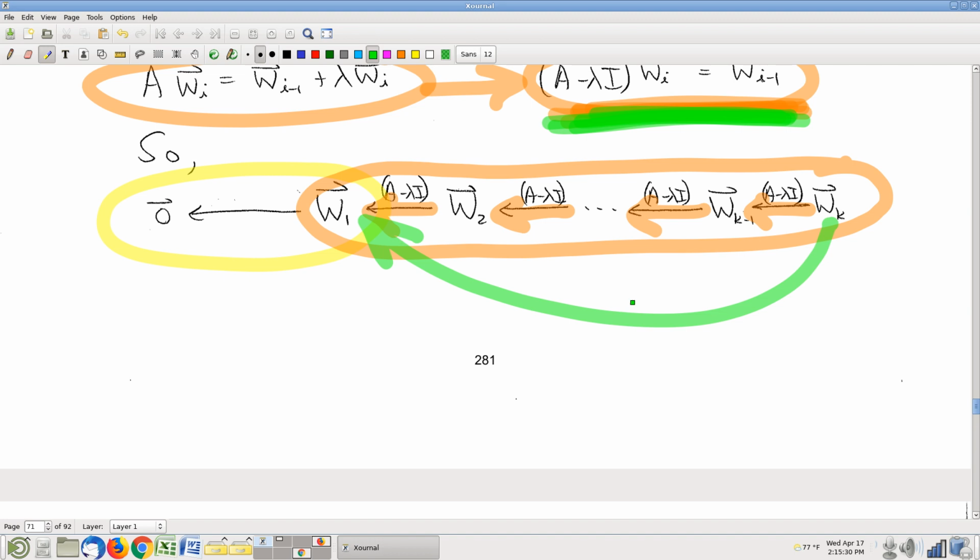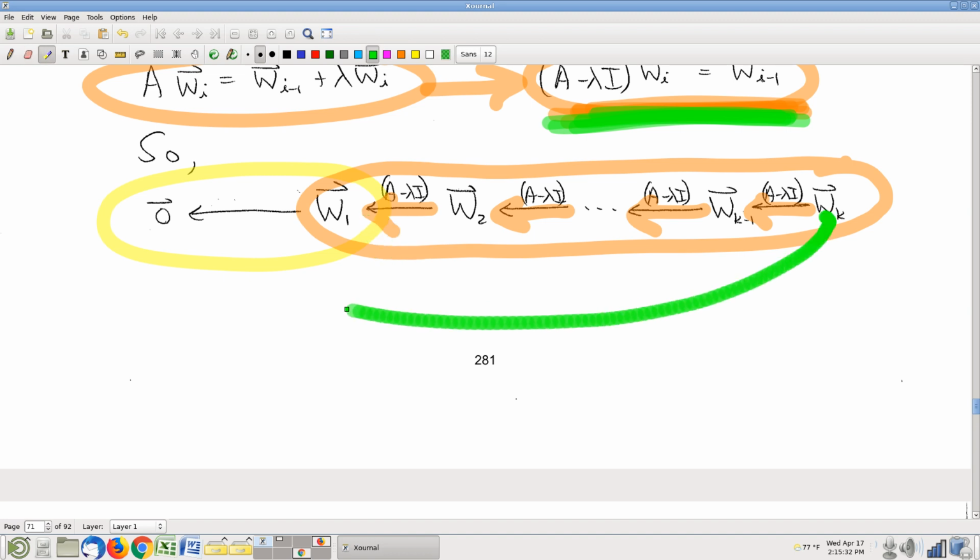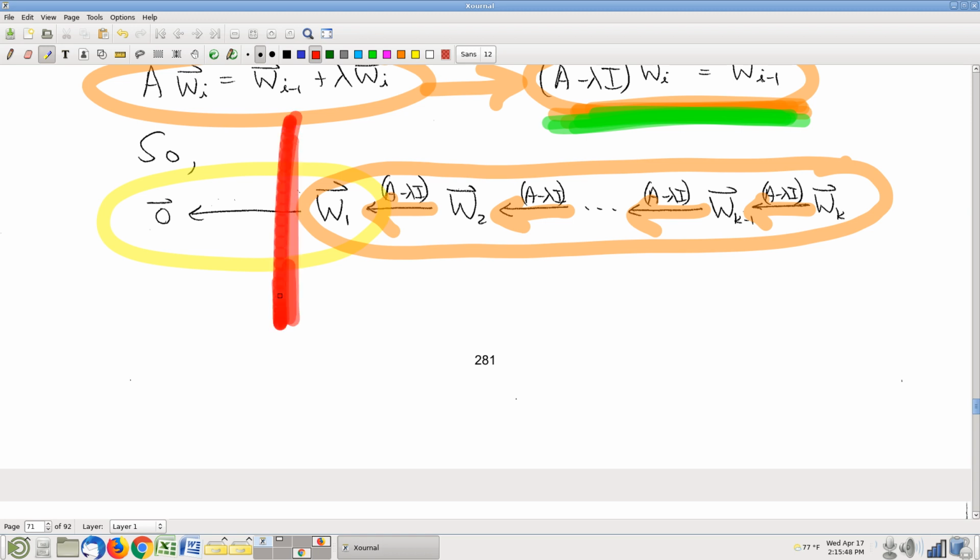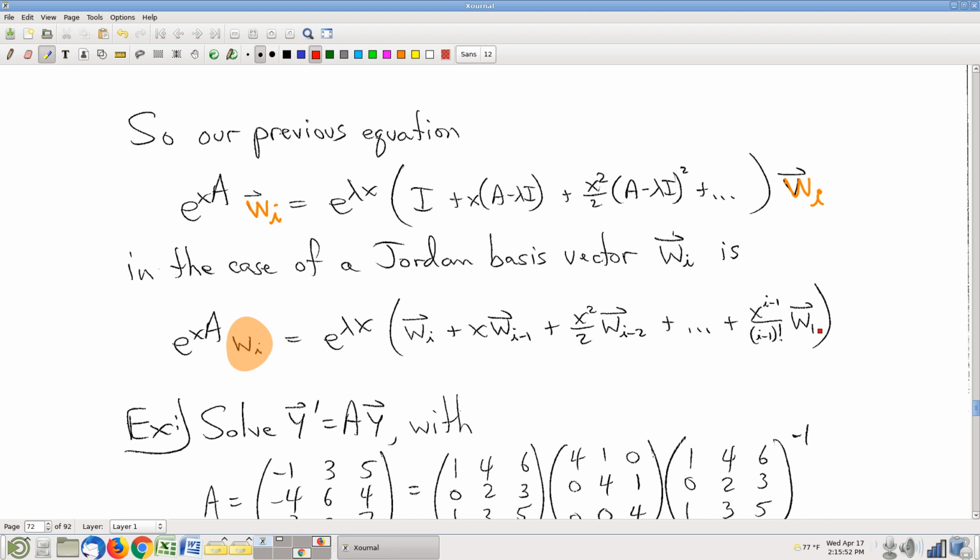Well, the term after that's going to multiply that times A minus lambda I, and that then gives you 0. And every higher factor of A minus lambda I still gives you 0. So once you get to the eigenvector, you stop. Notice in this list, once I get to the eigenvector, I've stopped.